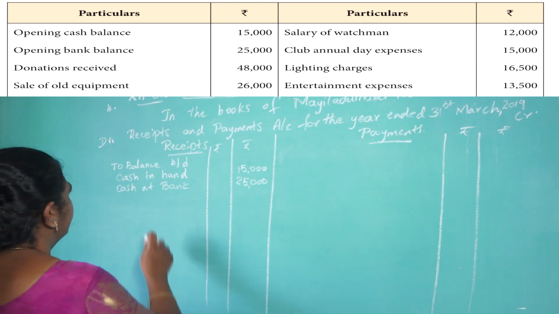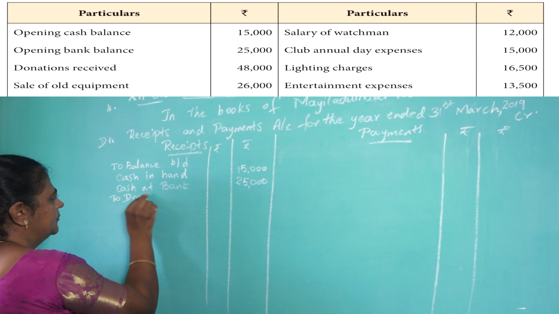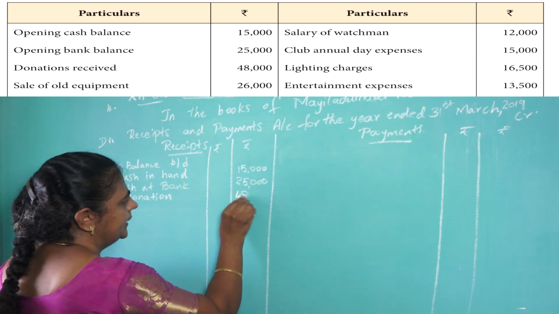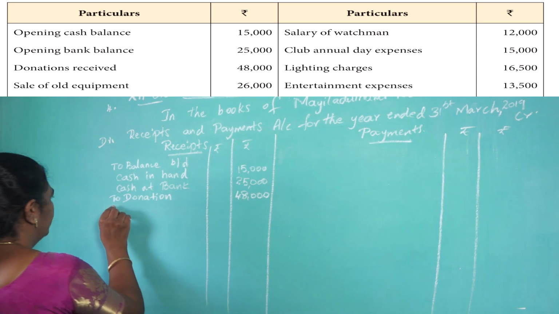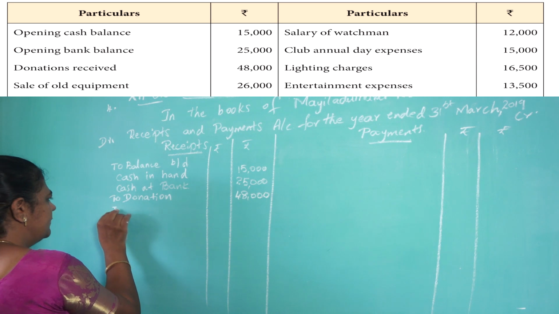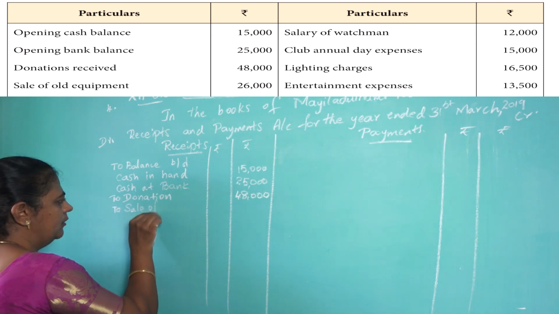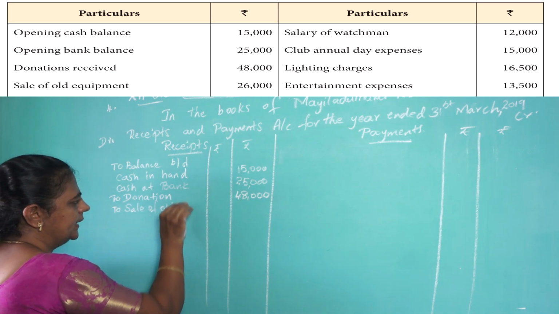Donation received 48,000, it is a receipt, so again you write here, to donation received 48,000. Sale of old equipment 26,000. When you are selling, you will receive money, so again it is a receipt, to sale of old equipment 26,000.